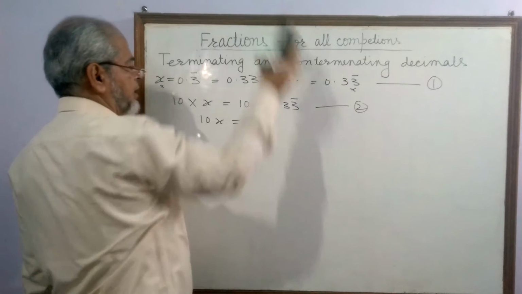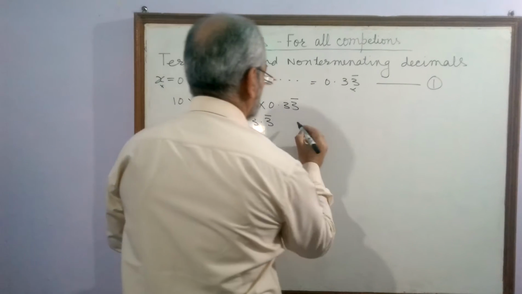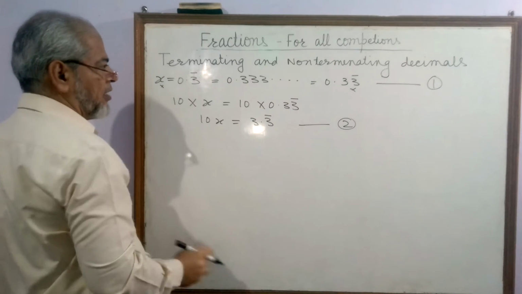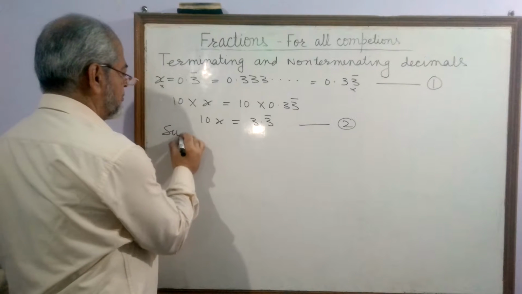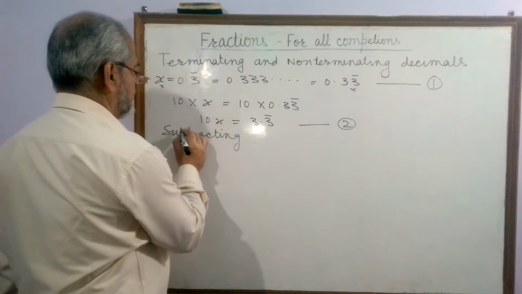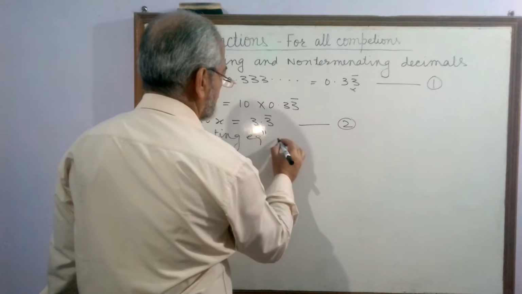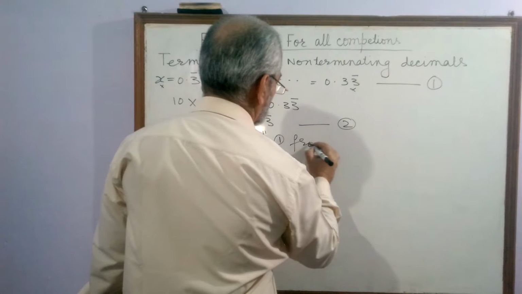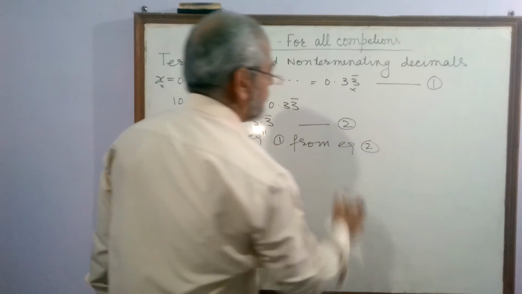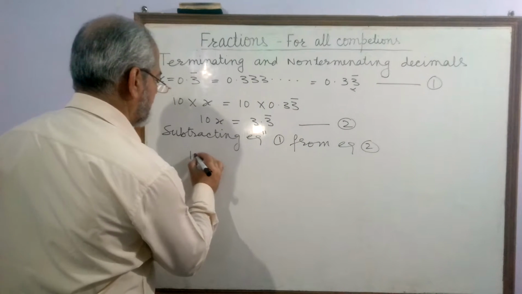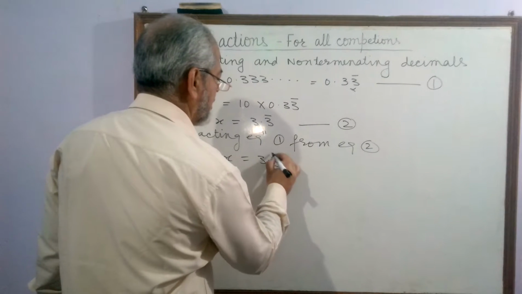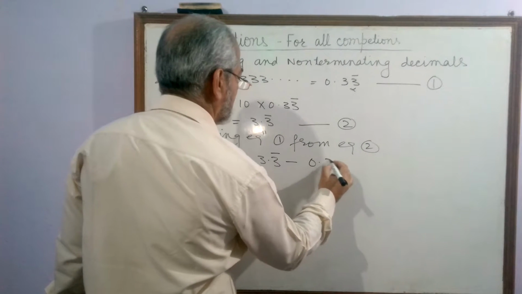Now you can take this equation as 2 because this is in a solved form. Now subtracting equation 1 from equation 2. You will get 10x minus x is equal to 3.3 bar minus 0.3 bar.